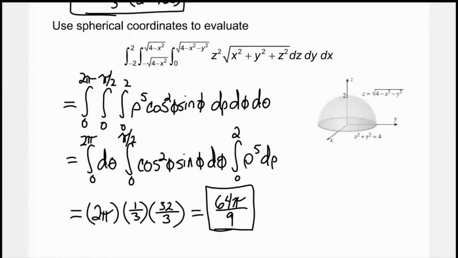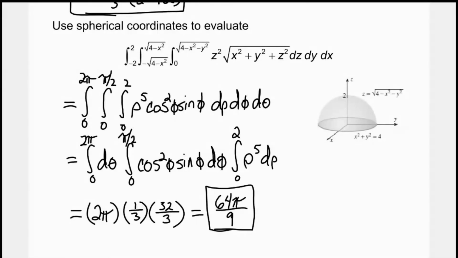All right, and here's the solution that you should have come up with for this. Now, the big thing that you have to remember is how are we going to convert and get that z squared? And remember that z is equal to rho cosine phi. So I got a rho to the 5th in here from the fact that I had a z squared.